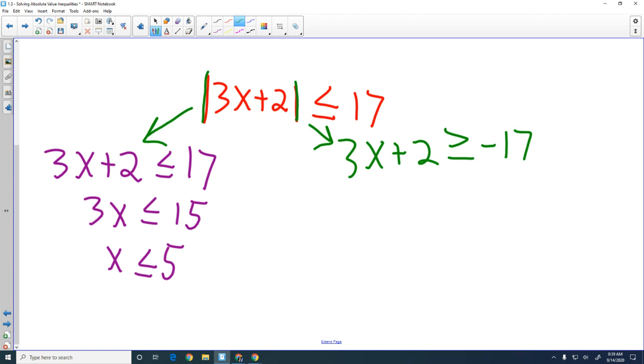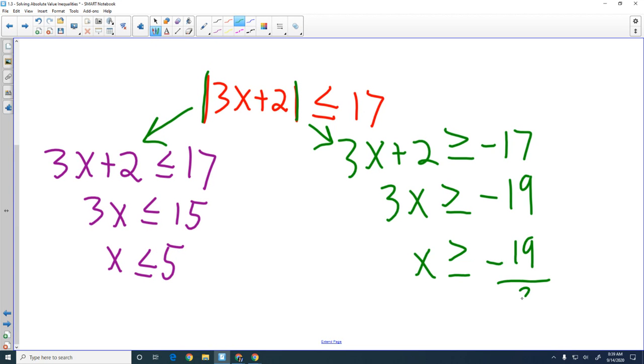On the right side, I'm going to subtract 2 from negative 17 and get negative 19. Then we divide by 3. We see x is greater than or equal to negative 19 over 3. Now 19 doesn't divide evenly, so you can just leave this as a fraction, negative 19 over 3, and leave your answer just like that. Don't worry about dividing it out and getting a decimal.